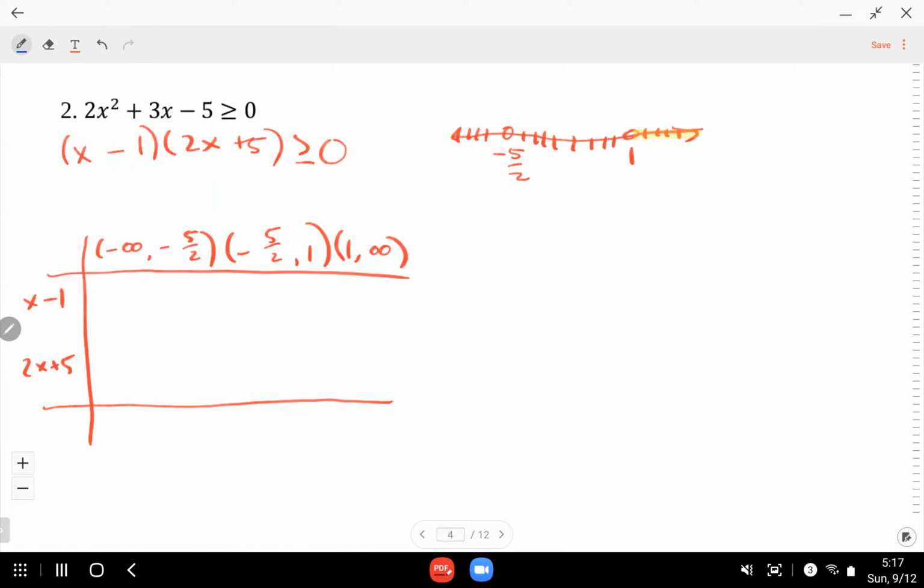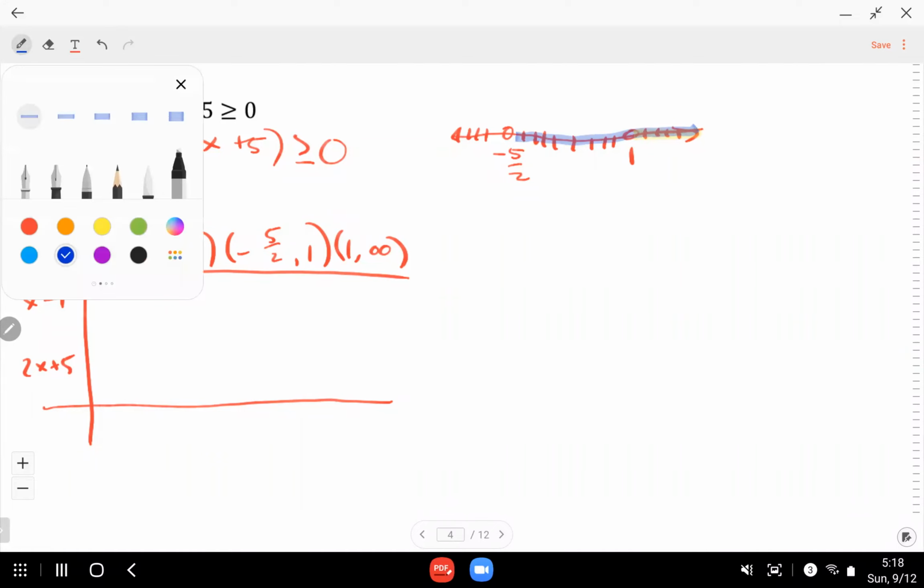It is positive only when x is greater than negative 5 halves, and that's here. So you see the intervals now.